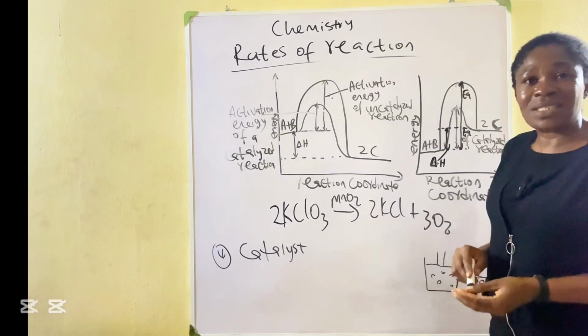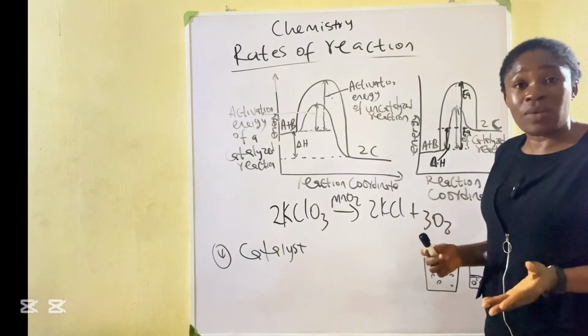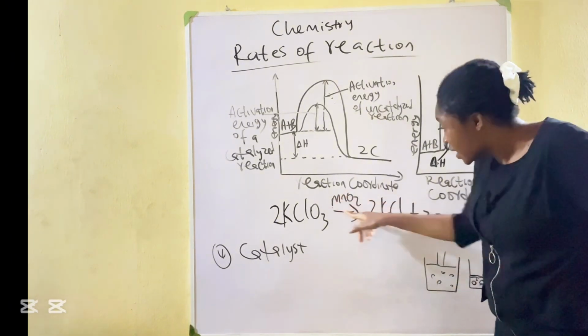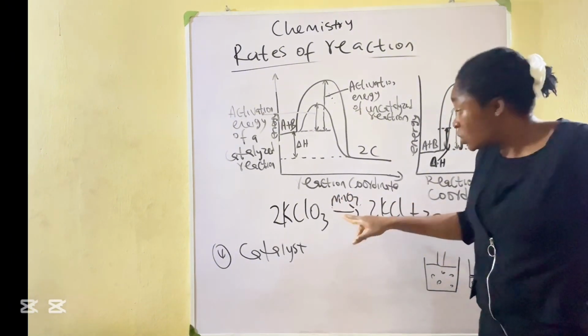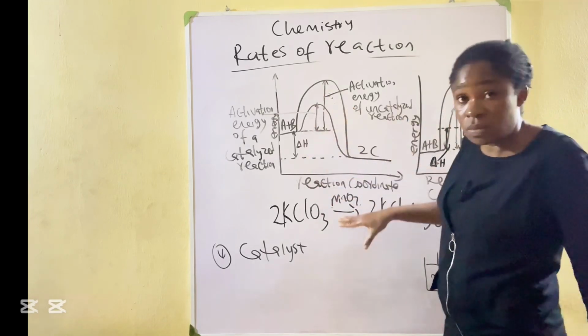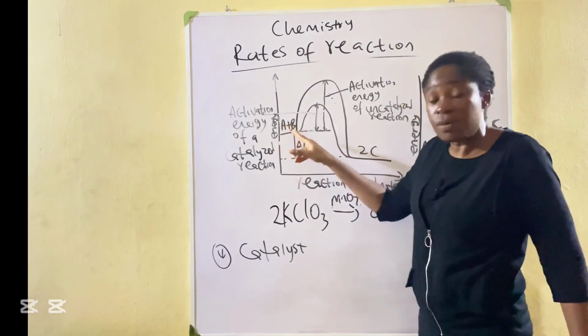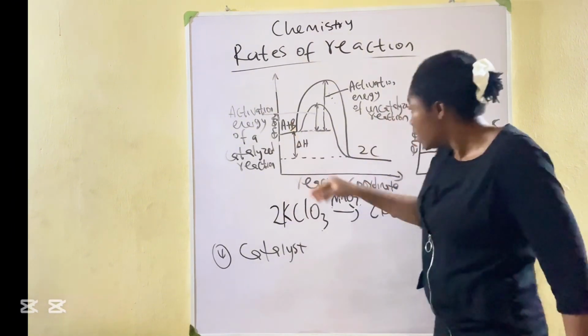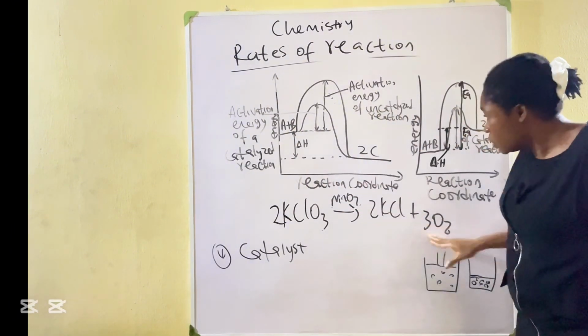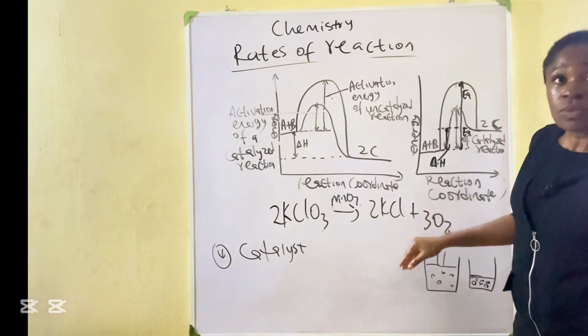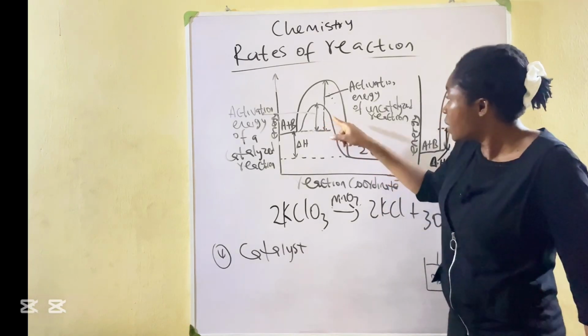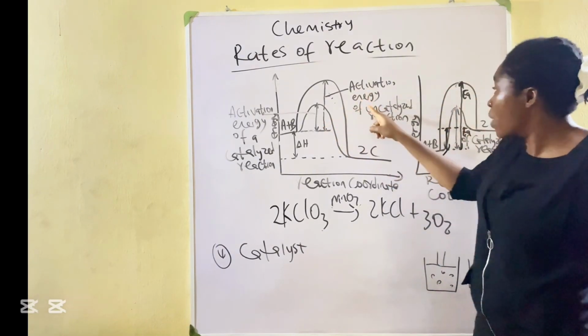You don't need to ask which reaction you are drawing. This is a catalyst. What you simply need to do is draw this catalyzed reaction and put the reactant here, using A plus B. Instead of using 2C, you put your product here. So you can see the energy profile diagram of the uncatalyzed reaction.